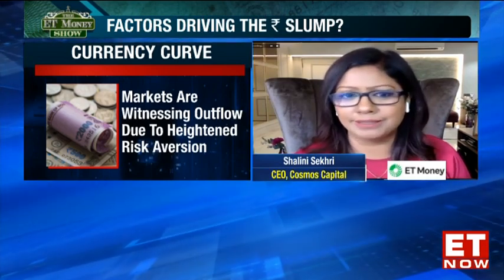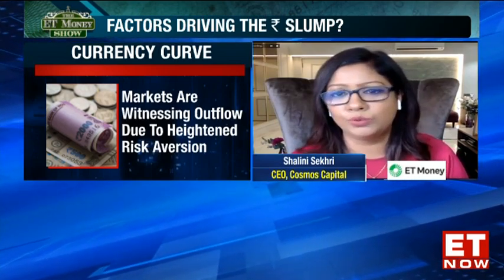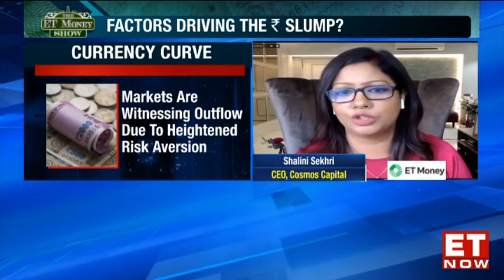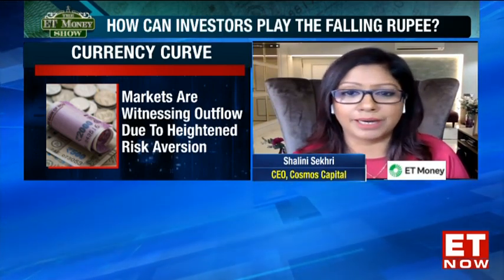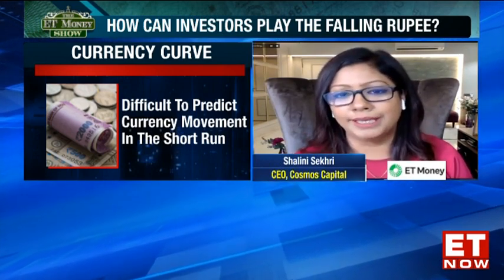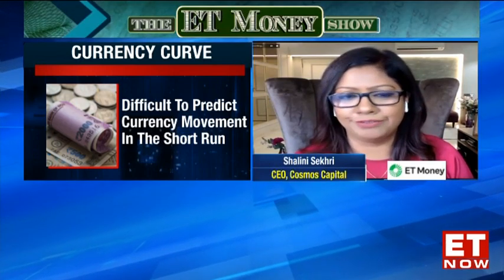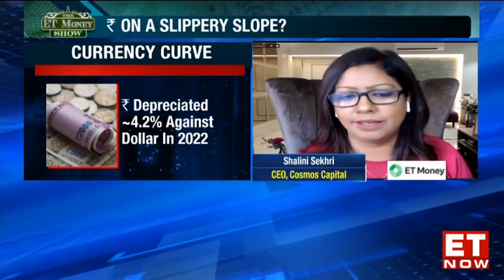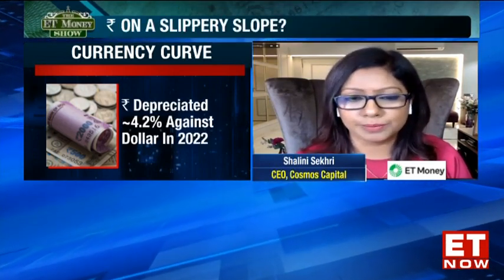And this is a typical cycle that we see where money moves from emerging markets to the developed markets as their currencies appreciate and interest rates go up. So that's really a very traditional play that we are seeing repeated now.